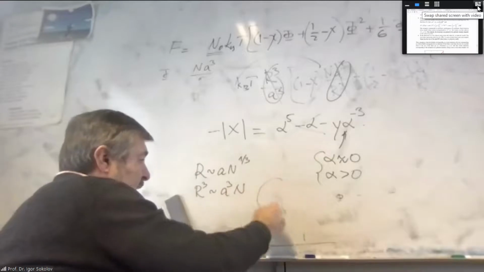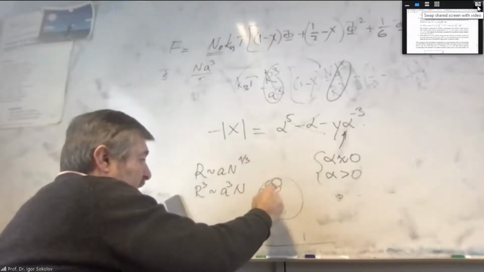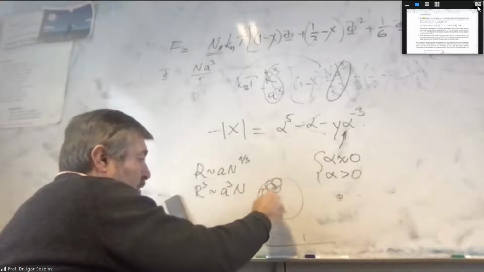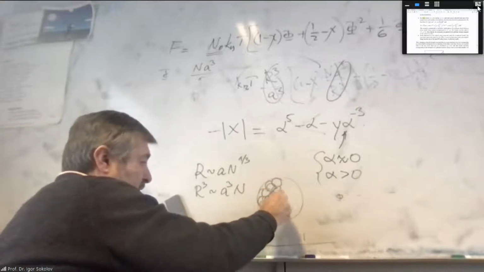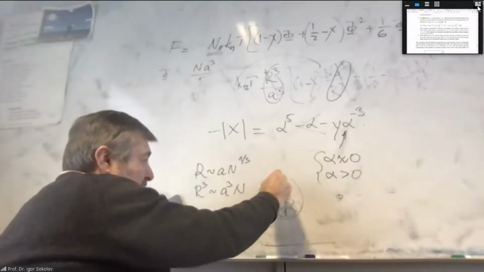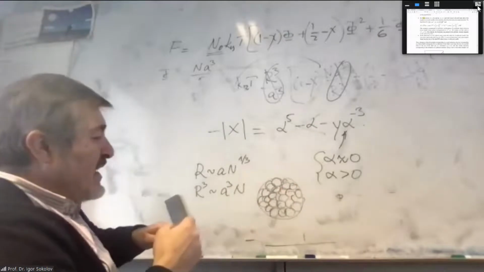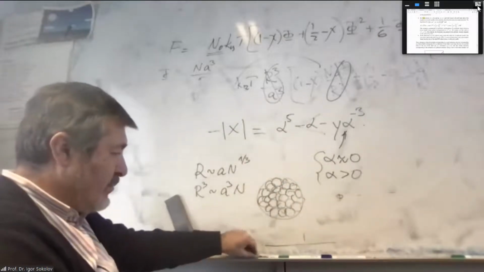This means that I am close to the close packing of the monomers. So what my chain now does, as a single chain, it tries to phase separate from the rest and to build a ball. And this is called a globule.